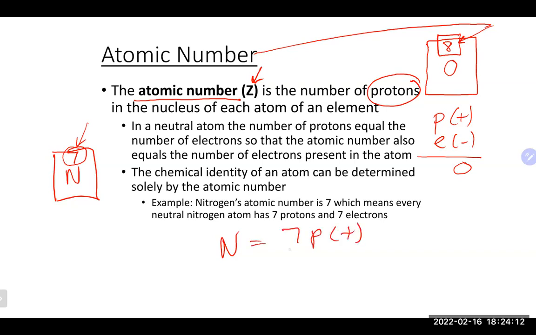It would then have to also have 7 electrons to balance that out, which gives us an overall charge of 0. Remember, the neutrons have no charge, so it can't affect the overall charge of the atom because they're neutral. How do we know if something has a charge? It would be written right here. So if there's nothing written right there, you can assume that it is neutral. It does not have a charge. Any questions on that there?